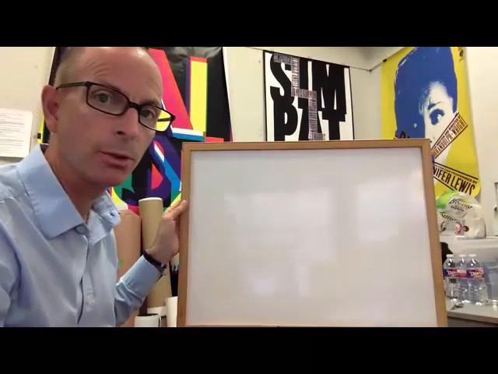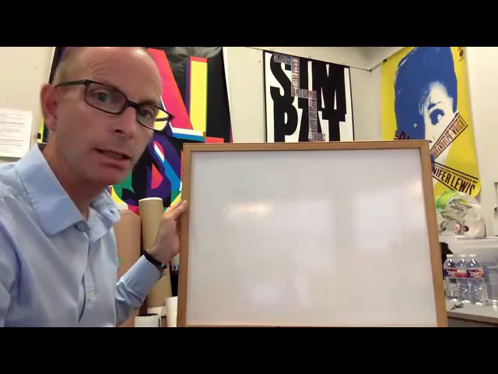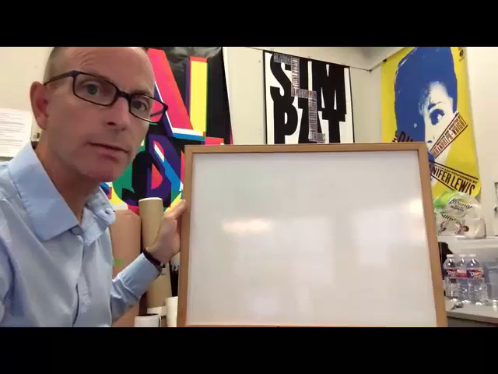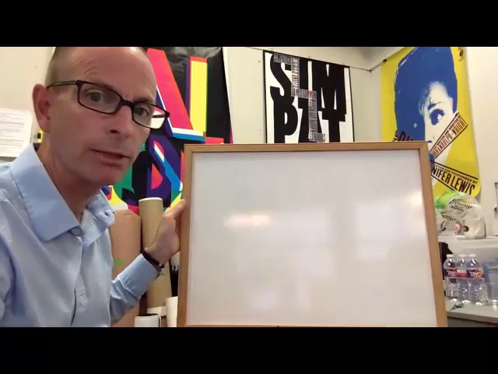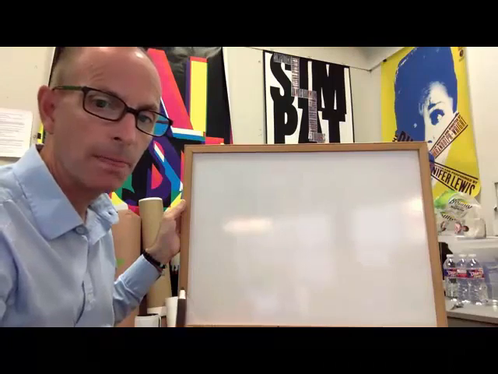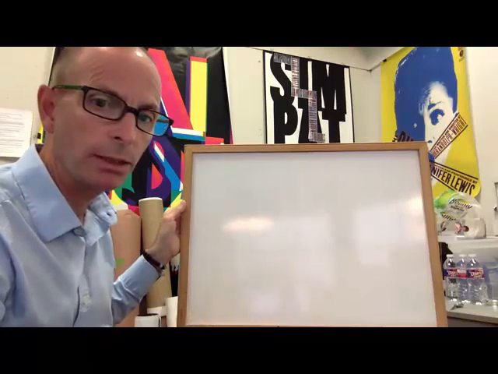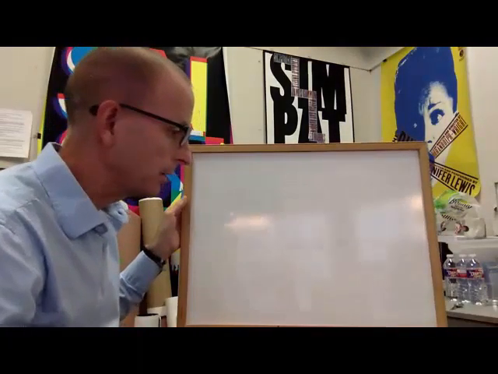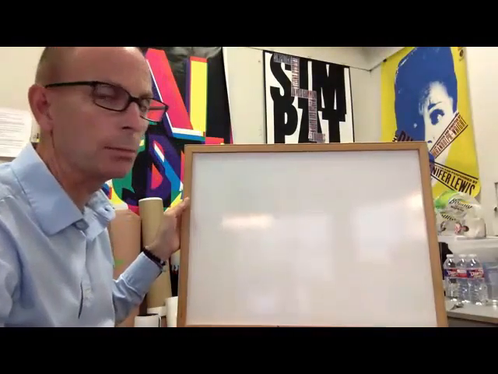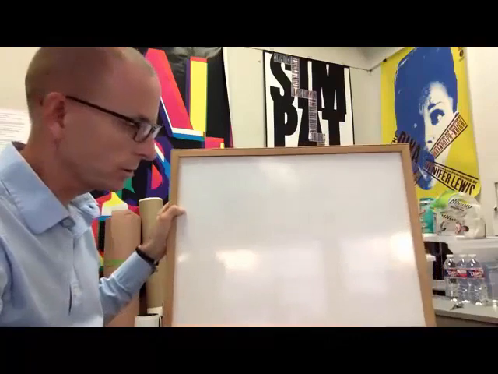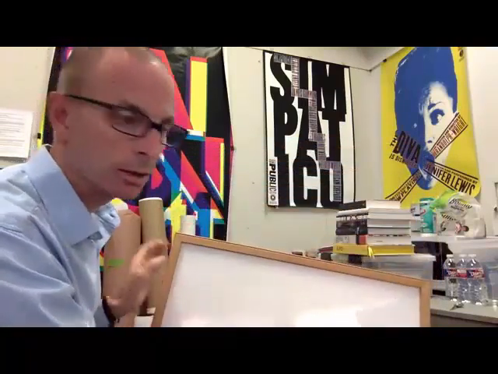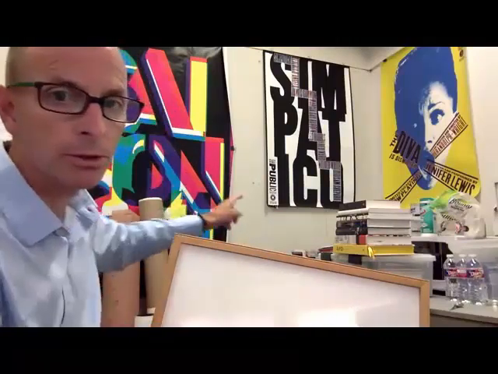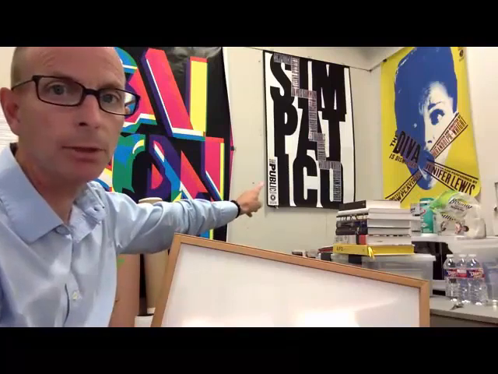Oftentimes we refer to this element of design not only as positive and negative, but also as figure ground, the figure ground relationship, where there's a strong definition of space between the negative space and the positive space. For example, if I could move the board for a moment, look at the Simpatico poster that I have right here up on the wall.